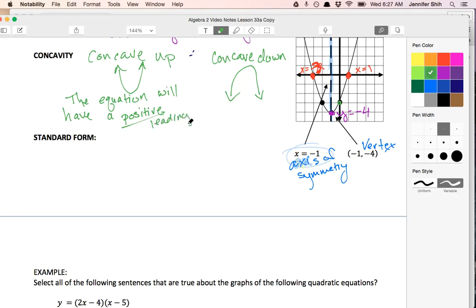That just means the first number, or the a value of our parabola, is going to be positive. However, when it's concave down, the equation will have a negative leading number.